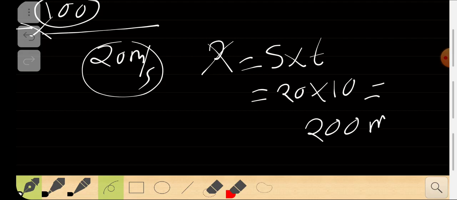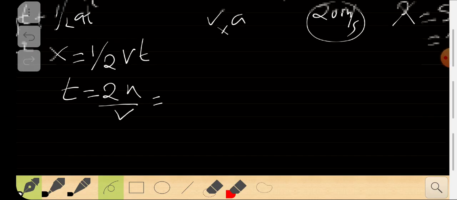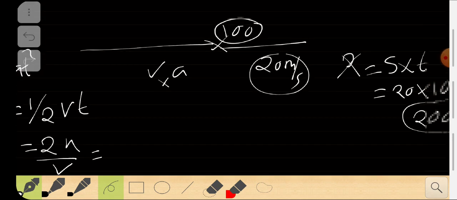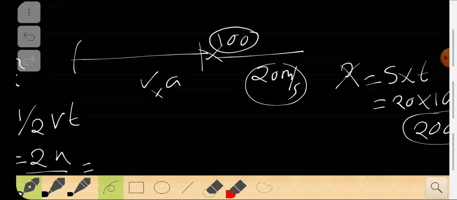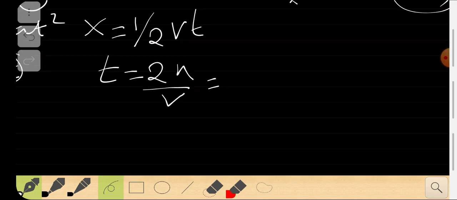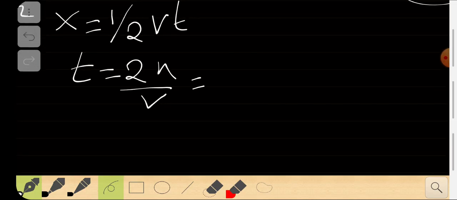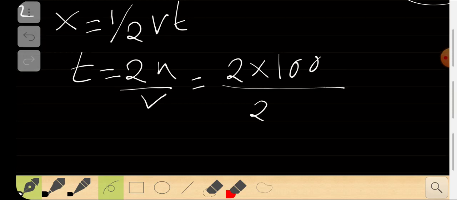Now what we are interested in is the first part where there is acceleration. In that part, t is 2 times the distance, 100 meters, divided by the velocity, 20 meters per second.